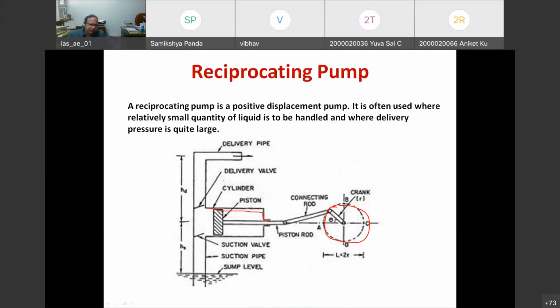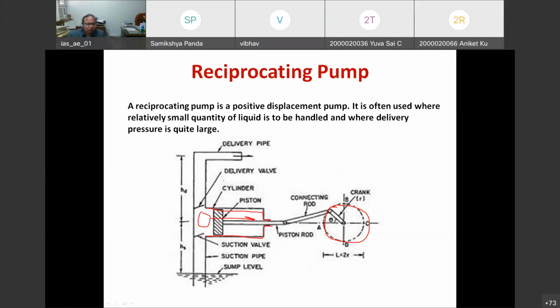This cylinder is there, and in this cylinder there is a reciprocating motion of the piston, like you have studied in the engine. If it goes in this direction, the low pressure zone is created in this area.